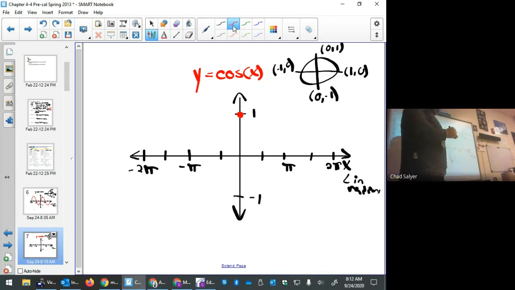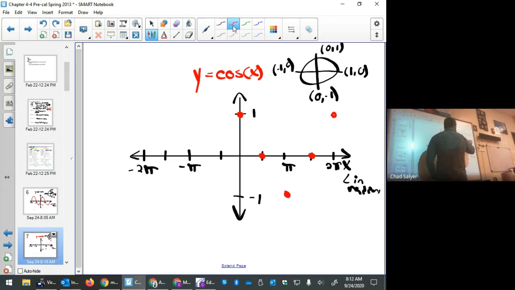So the cosine of x does not pass through the origin unless it's transformed in some way. So cosine of 0 is 1. Remember, we're looking at the x coordinate this time. Pi over 2, which is this tick mark, is 0. Pi, which is this mark, is -1. And then 3 pi over 2 is 0. 2 pi, we're back to +1.